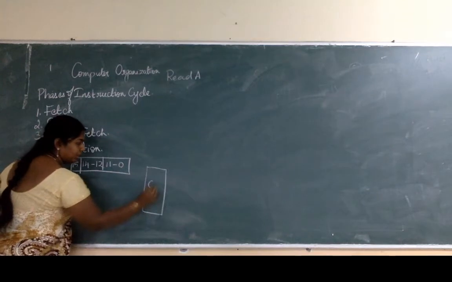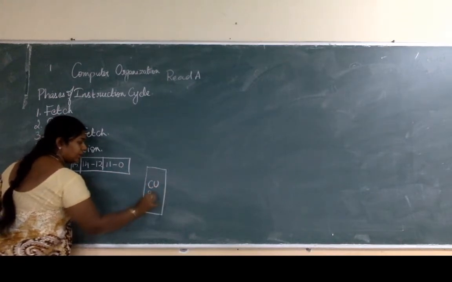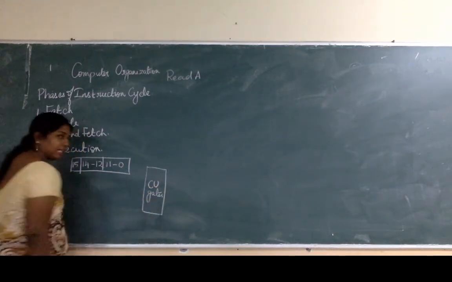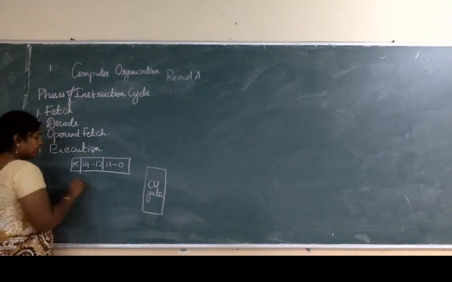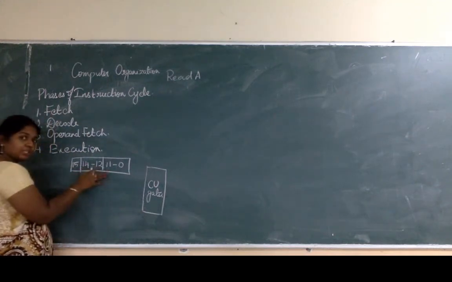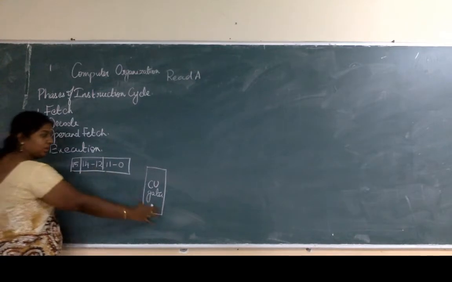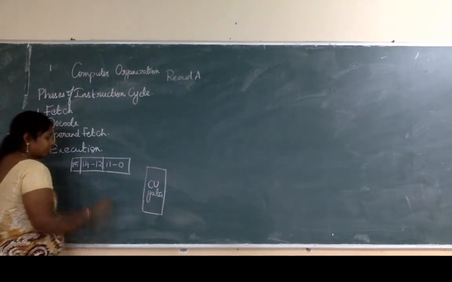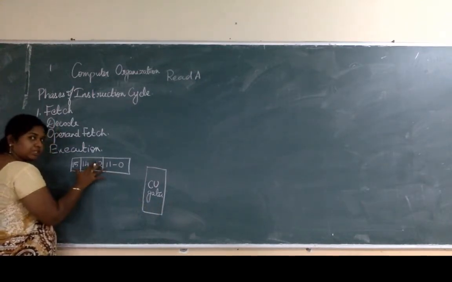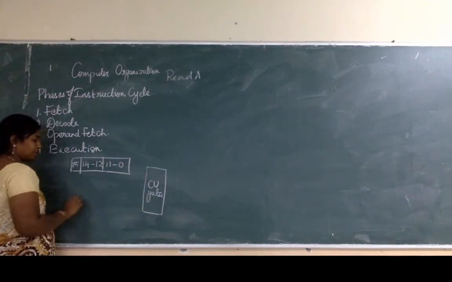This is part of the control unit, and you have a series of gates that form the control unit. From this instruction, this is going to be our input for the control unit. Based on this instruction only, the control unit has to perform something.